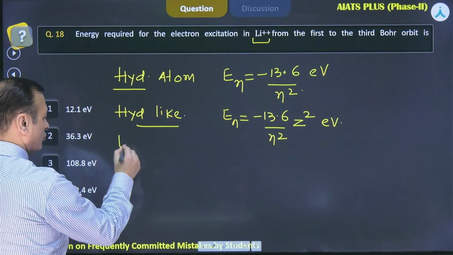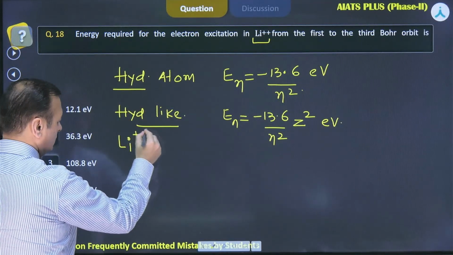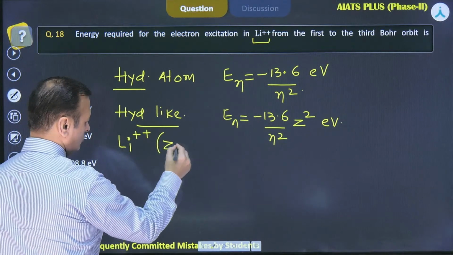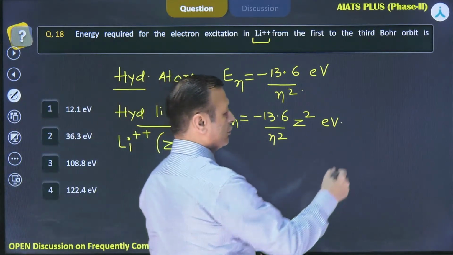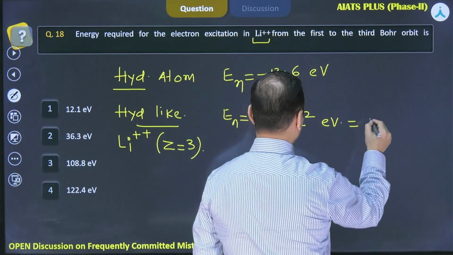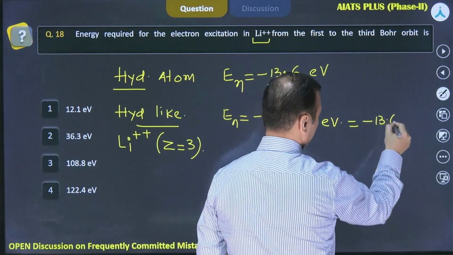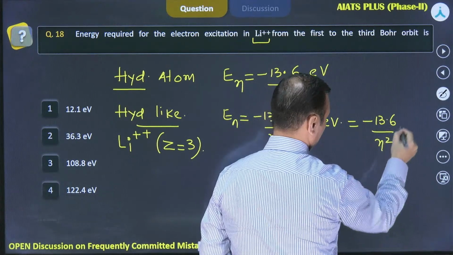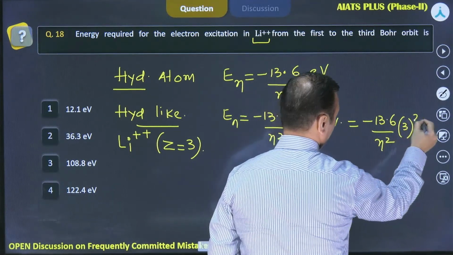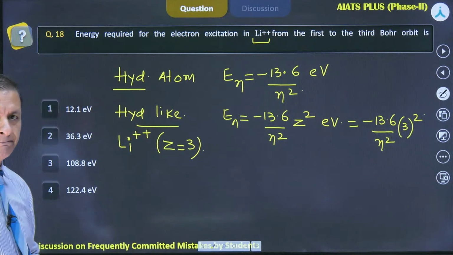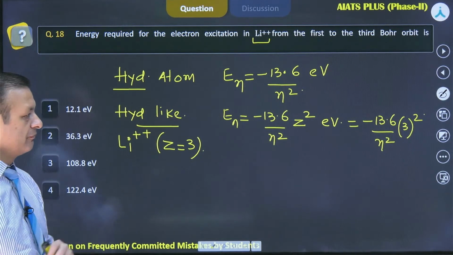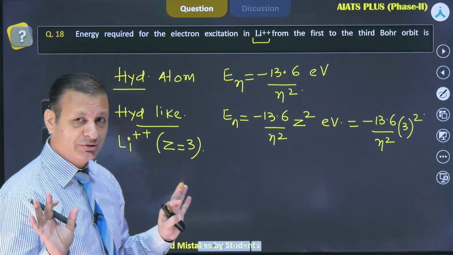You are talking about lithium plus plus, so this Z is 3. So for lithium particularly, this energy expression becomes this, so this is the required expression.